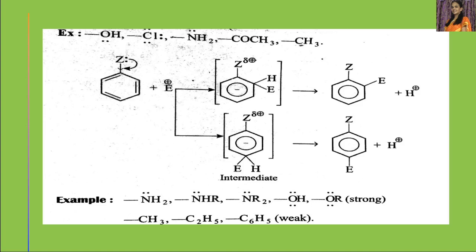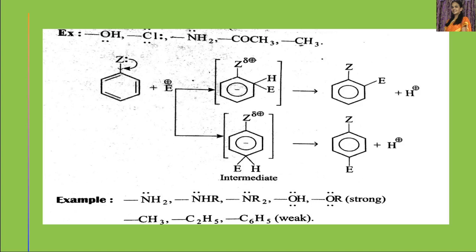If the electrophile goes to this carbon, it forms a new sigma bond with this para, the fourth carbon. Then the adjacent carbon gets a positive charge, as it is having 3 bonds while the sp3 carbon has 4 bonds. It loses a proton to regain its aromaticity.